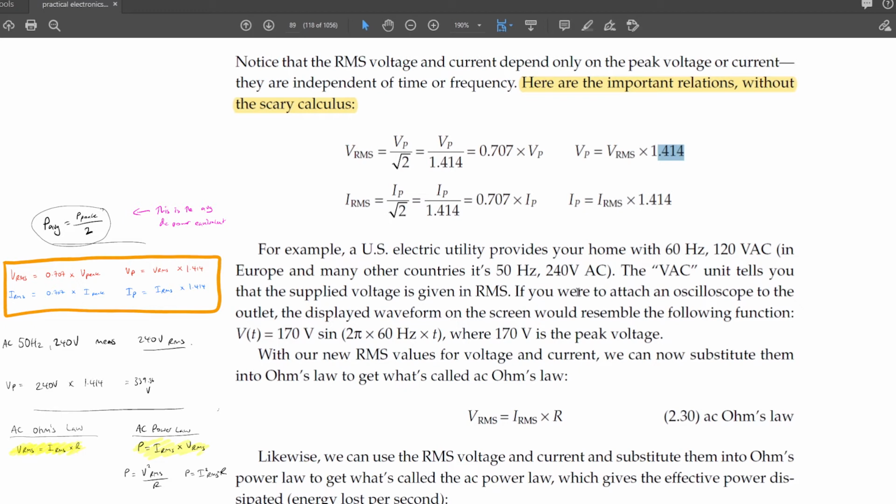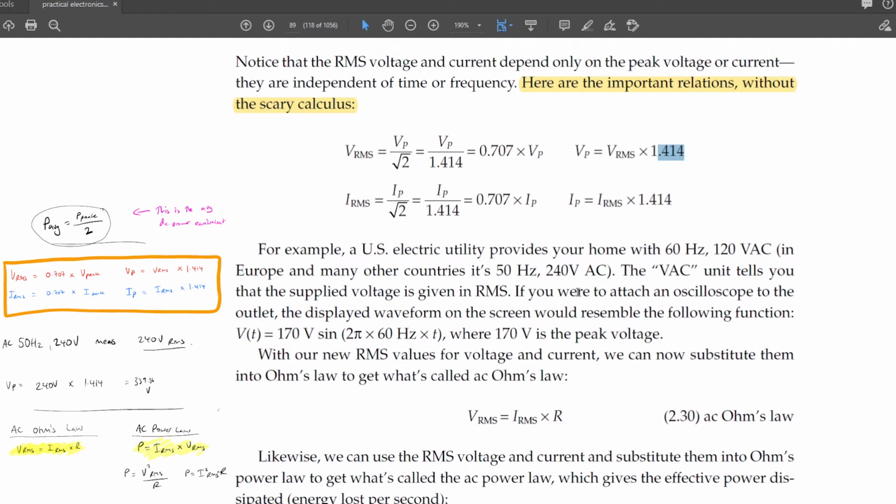So we've got 240 volts, and I times that by, let's see if I can remember. To work out the peak voltage, it's going to be equal to the RMS voltage times 1.414.